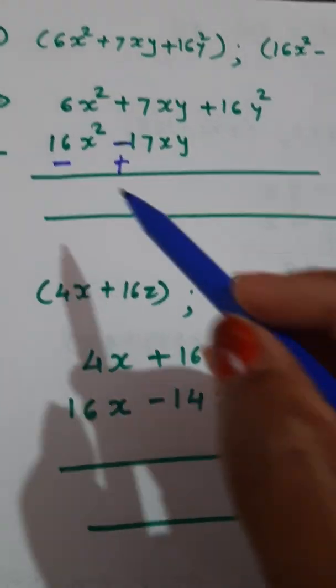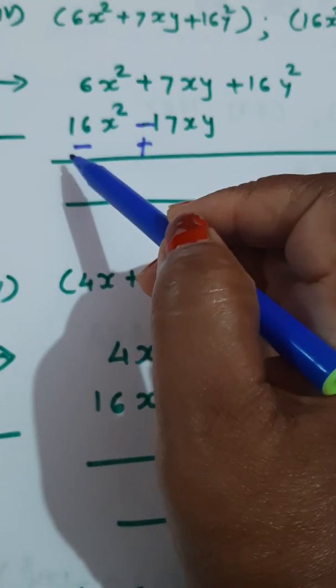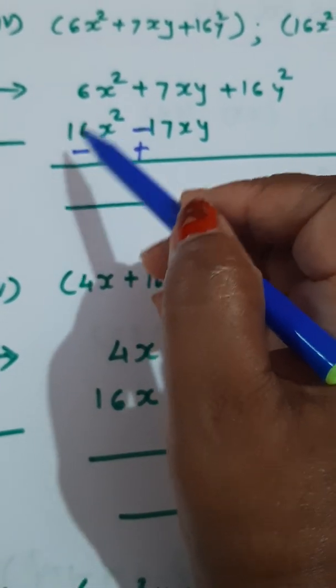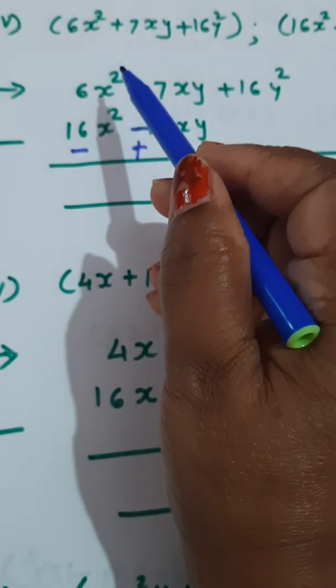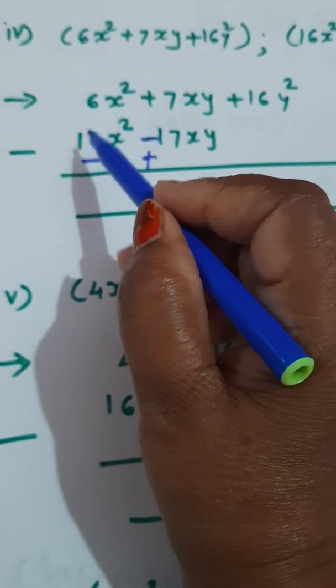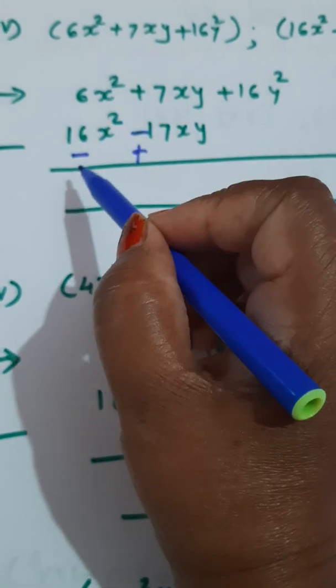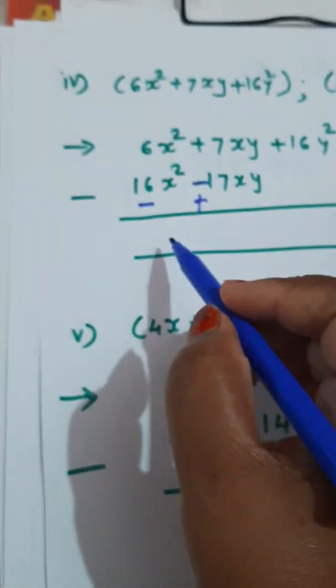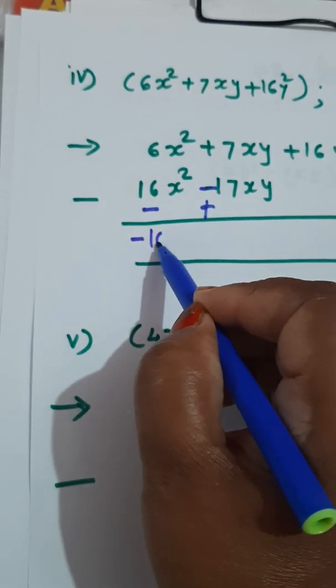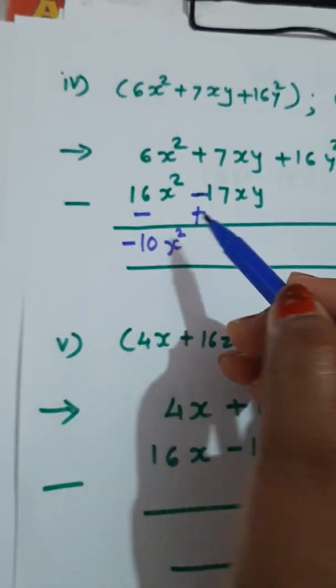Now one positive, one negative. According to our rule, do subtraction and give sign of big number. 16 minus 6, 10, and sign of big number is negative. So what will come? Negative 10x².